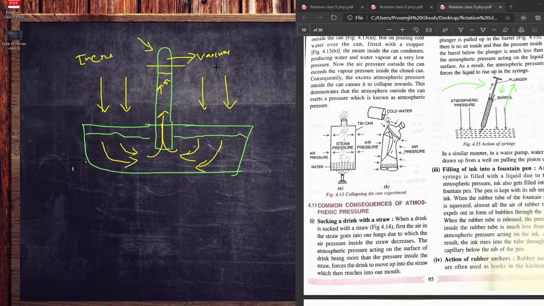A similar thing will happen if the outer pressure decreases. What will happen then? The mercury level will fall, because the pressure is now decreasing, so this will fall a little bit down. So by this experiment, you can actually assume the atmospheric condition, mainly the weather condition.